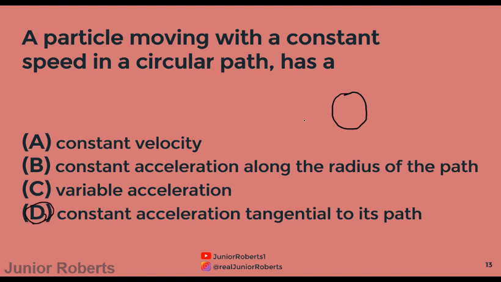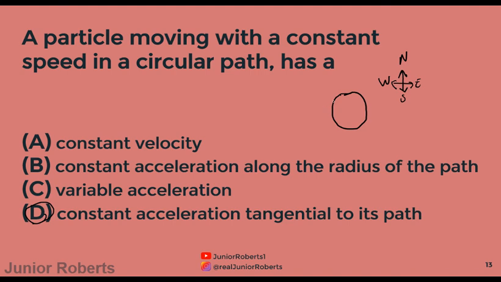The reason for that is, let us say we have an object moving around this path here. Let us say we have cardinal points here: north, south, east, and west.